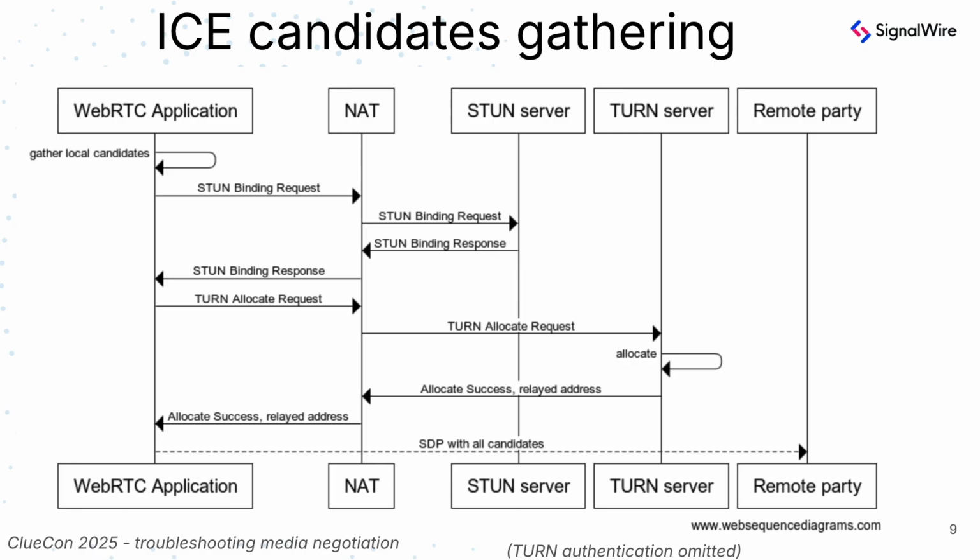And talking to the TURN server, it will discover the relay candidates. I've omitted the TURN authentication just for simplifying the diagram. At that point, the browser has an SDP, which is either the offer or the answer, and can send it to the remote party. So this is the other slide that is probably the takeaway from the presentation.